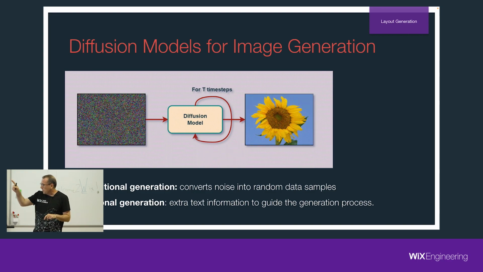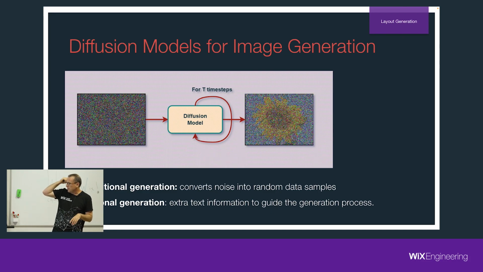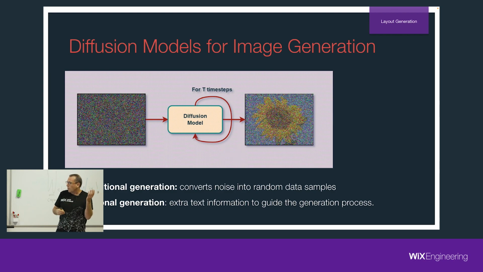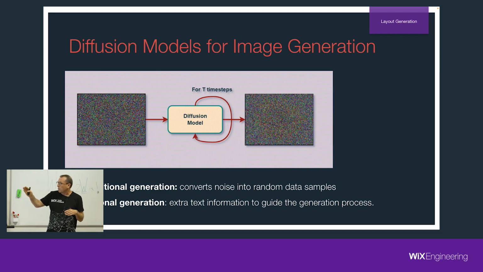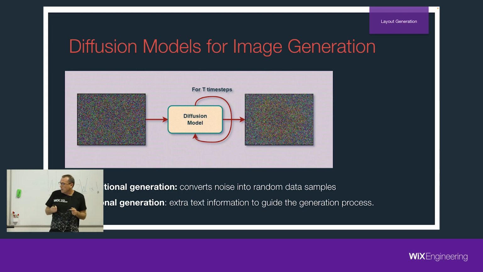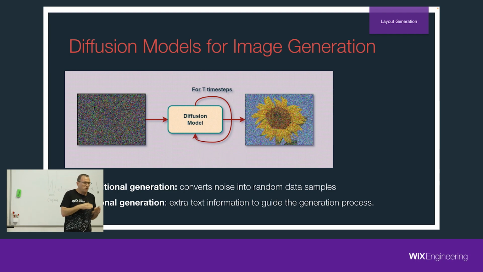What I've shown you here is what we call unconditional generation. We start with noise, and we get some random data sample. If we trained our diffusion model on images of flowers, we'll get some random image of a flower. But in practice, what we really want to do is conditional generation.